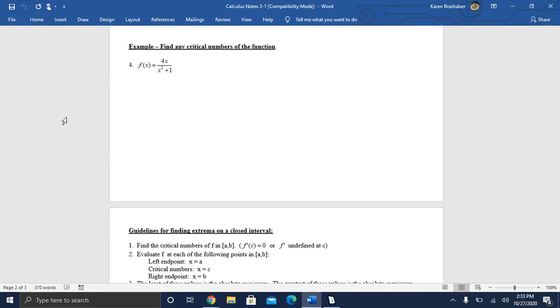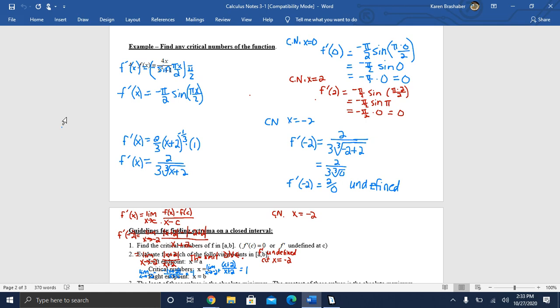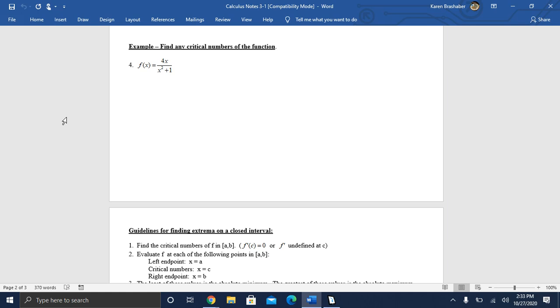Right, so we'll move on to example 4, and this is more typical of what we will use the critical number idea for. On problem 4, it's simply asking us to find any critical numbers of the function. So I want us to go back to realizing what that means.